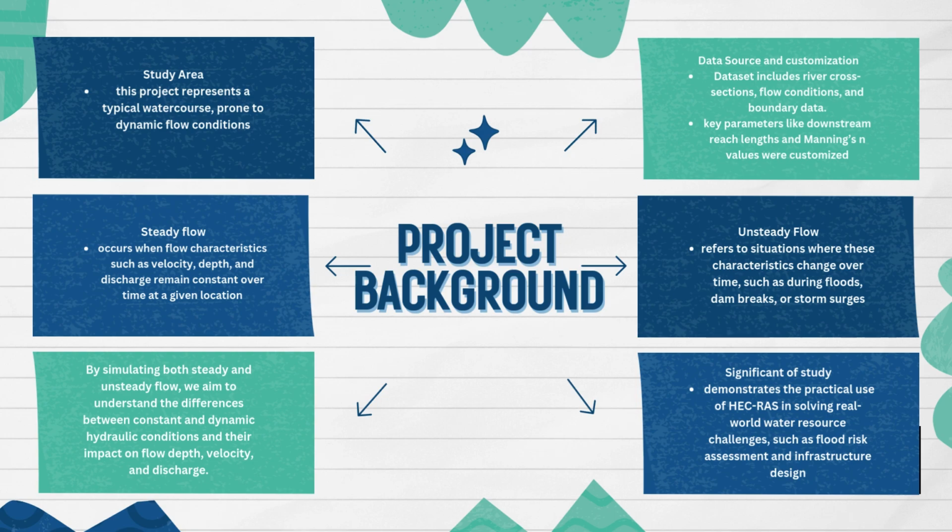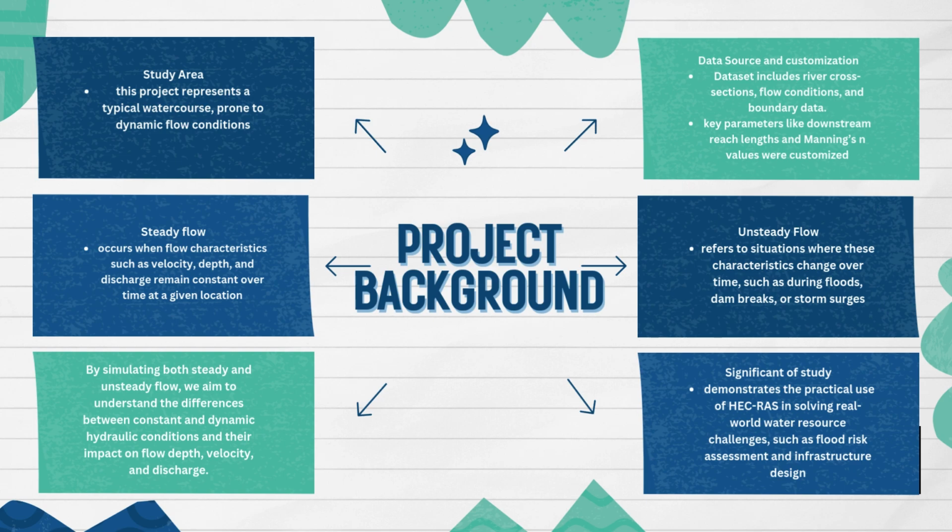As I have mentioned before, in our analysis, we focus on two types of hydraulic flow conditions, which are steady flow and also unsteady flow. Steady flow occurs when flow characteristics such as velocity, depth, and discharge remain constant over time at a given location.